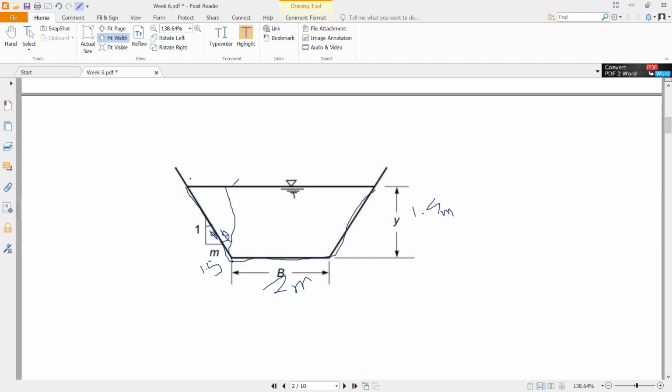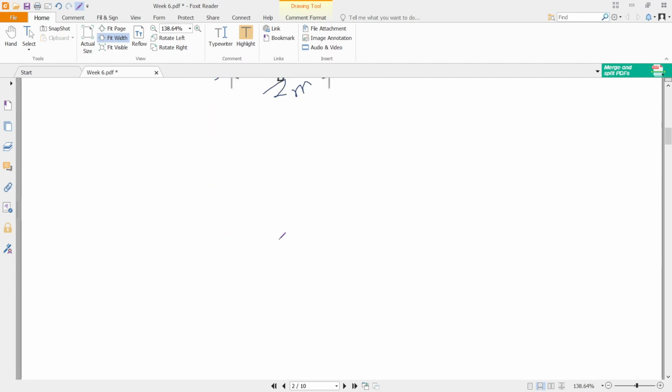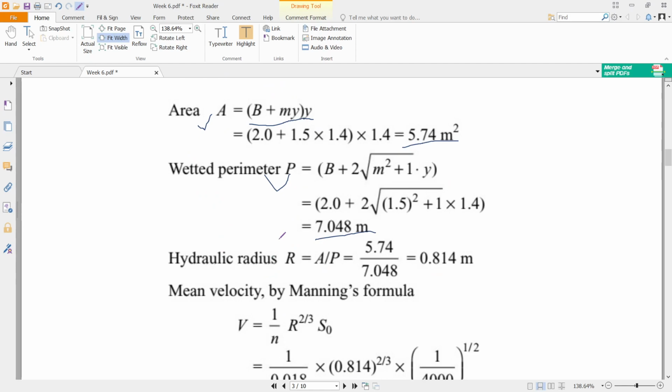This is a very simple calculation. Okay, so is there any doubt? If there is no doubt, I think all of you have arrived at the same expression.